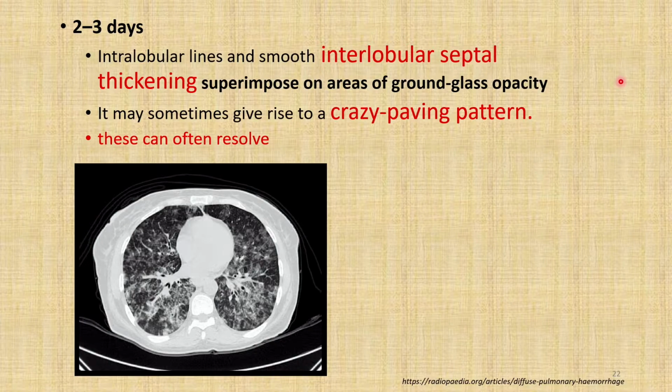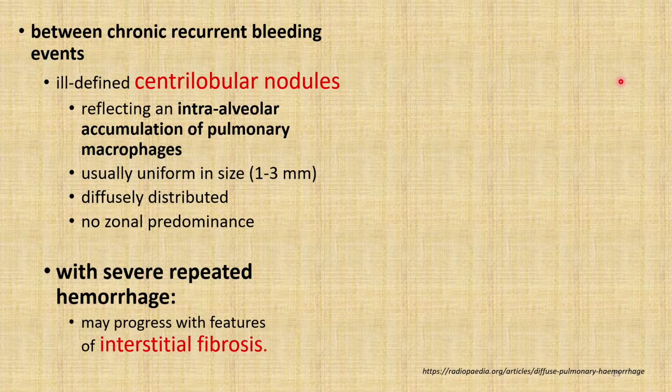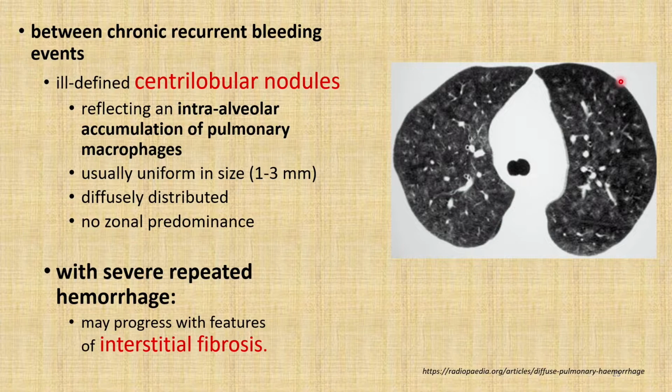And there may be some crazy paving pattern. Again, there are plenty of causes for crazy paving, and the new addition, don't forget, is COVID-19. They often can resolve. In between, there may be centrilobular nodules like this, reflecting the intra-alveolar accumulation of pulmonary macrophages.